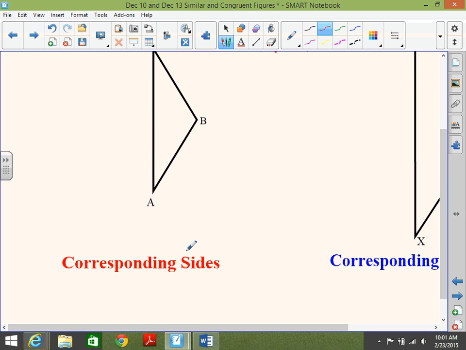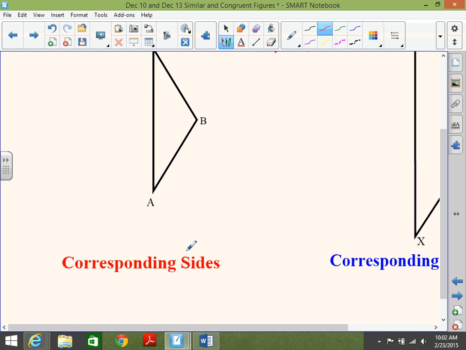This is where we're going to use those colored pencils. That's why you should have 3 different colored pencils. Computers are closed. All computers are closed. Unless you're listening to this recording.